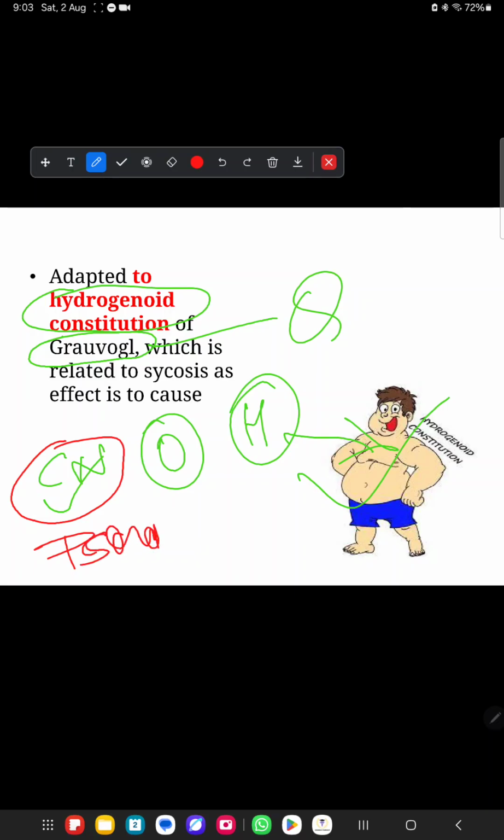Very good, Psora. And oxygenoid is syphilis. And this hydrogenoid is sycosis.